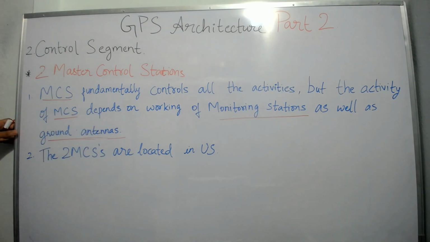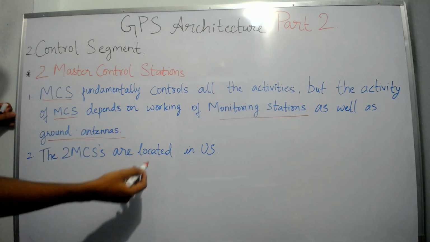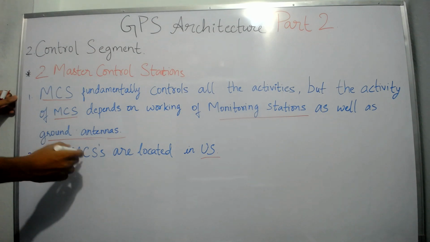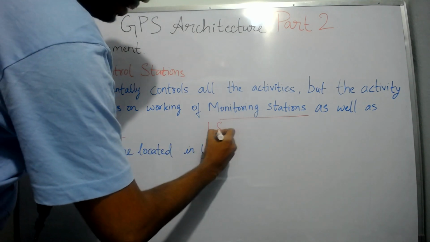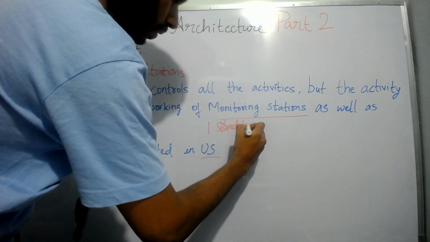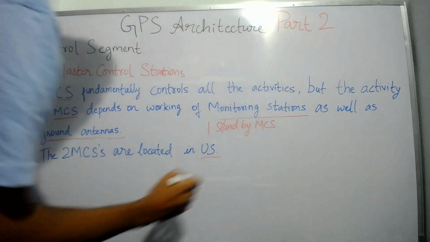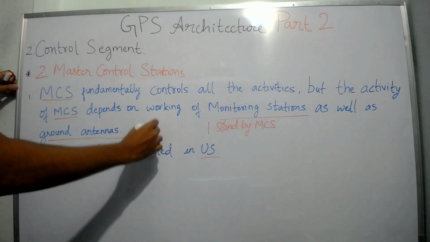The second point is the two master control stations are located in the United States. Of these two master control stations, one is a standby master control station and one will be currently working.